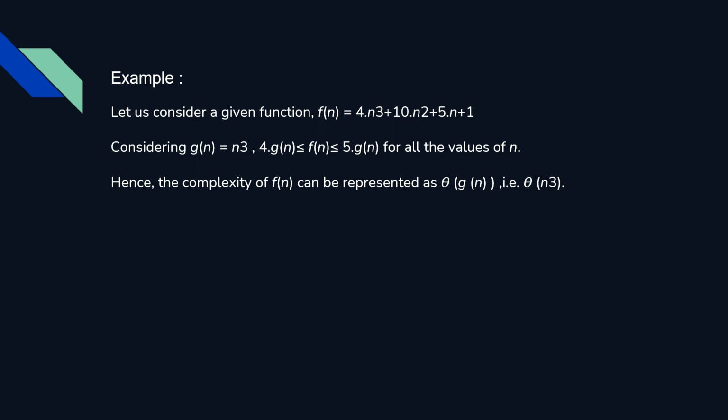So we see that 4 into g(n) is less than or equal to f(n), which is less than or equal to 5 into g(n) for all values of n. Hence the complexity of f(n) can be represented as theta of g(n), that is theta of n cube.